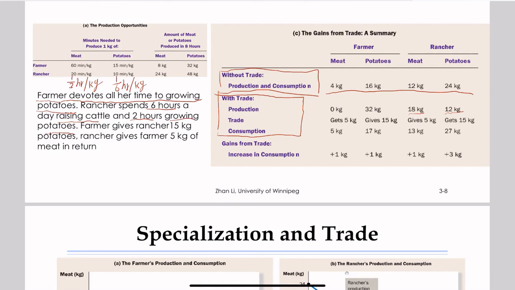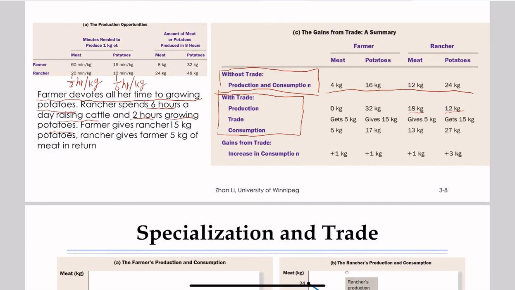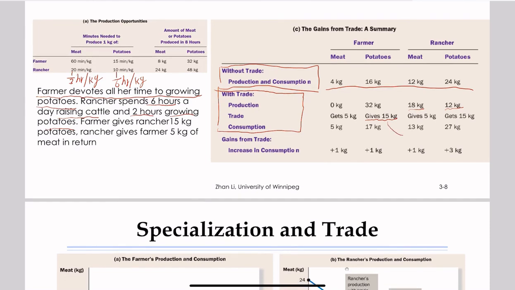Now let's see how the trade will happen. The trade happens like this. Farmer will give rancher 15 kgs of potatoes, right? So 15 kg will be deducted from the farmer's production, and it will go to the pocket of the rancher. And then in exchange for 15 kgs of potatoes, the rancher will have to give 5 kgs of meat.